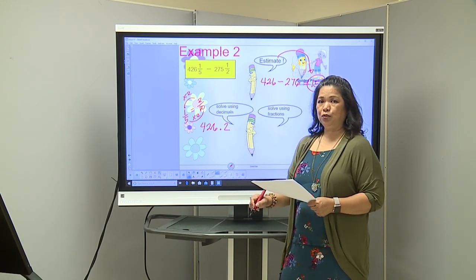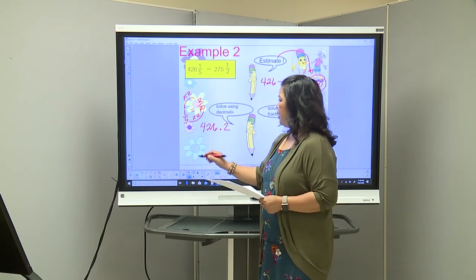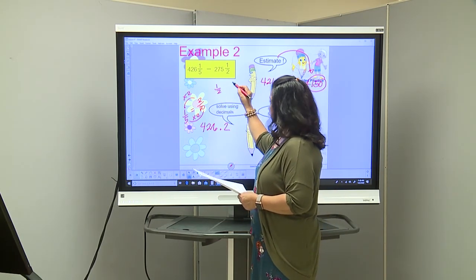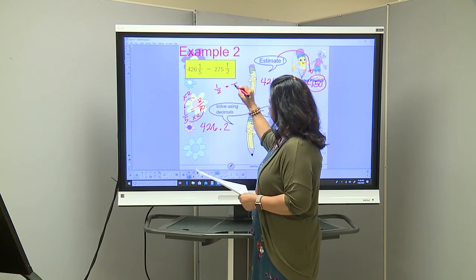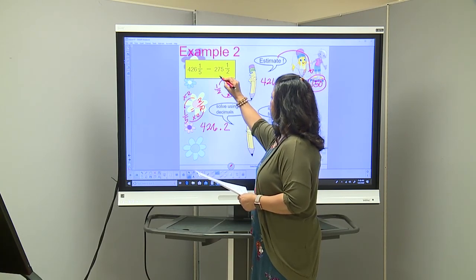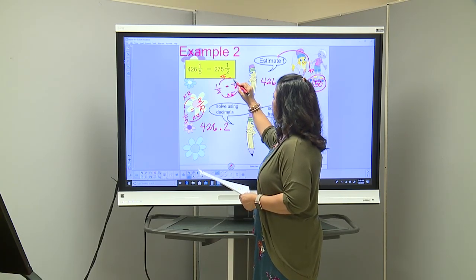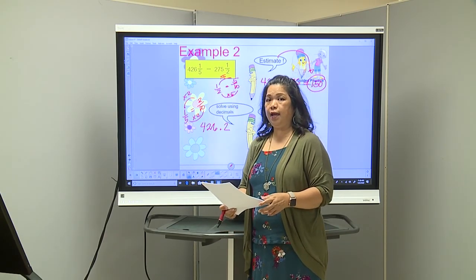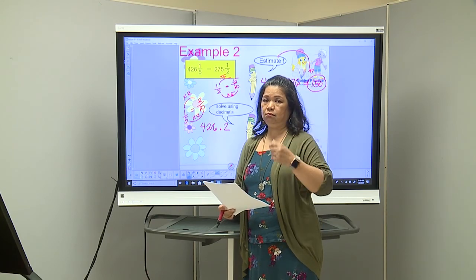Let's go to the next one, 275 and 1/2. So let's convert that 1/2 into tenths. What did I do to 2 to get a 10? Times 5. So 1 times 5 is 5. Even if you don't do this, I know you know that 1/2 is 5/10.